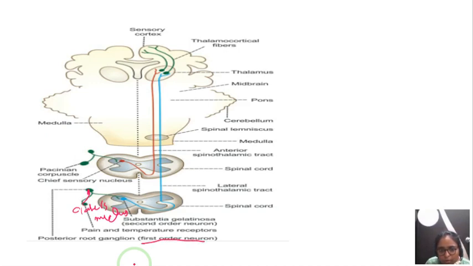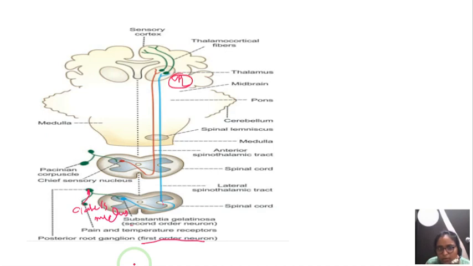From here, it will synapse in the dorsal gray horn at the level of your substantia gelatinosa, where it forms a second order neuron. Then it crosses through the anterior white commissure, comes to the lateral column, and ascends upwards, crossing your medulla, your pons, and your midbrain, and reaches your thalamus, where it terminates at the VPL nucleus.